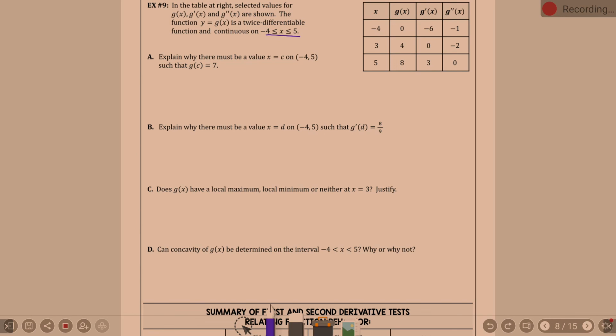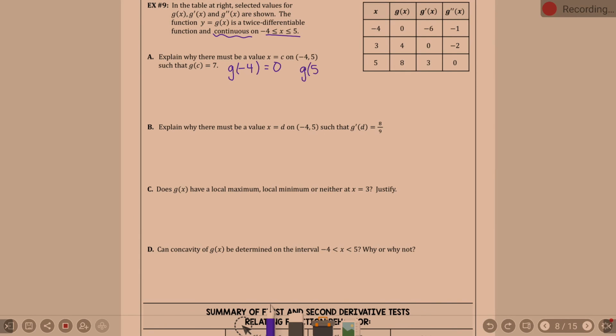Is it something like this? IVT. It is IVT, the intermediate value theorem. The function has to be continuous. I can't say IVT if it doesn't tell me it's continuous. So, we know that g of -4 is 0, correct? g of 5 is 8.